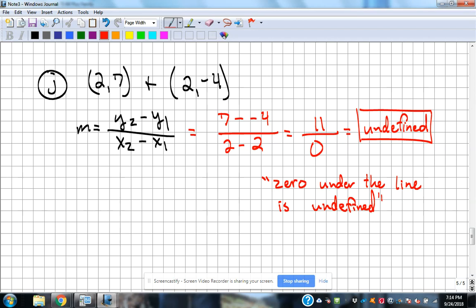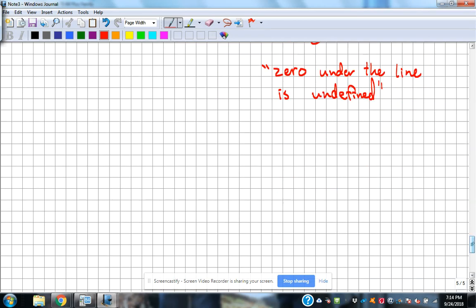Okay. Being able to do slope, we're going to use that next week when we start writing equations of lines. So make sure that you catch on to that this week as you're practicing and doing that Canvas quiz. And again, these page numbers are from the older version, but I don't think it's much difference.